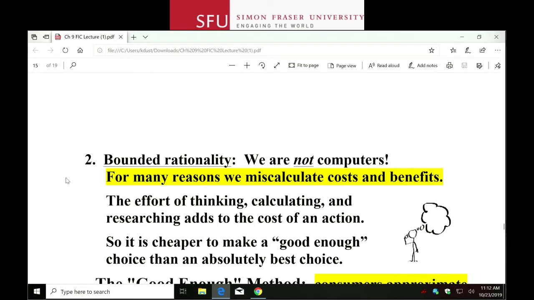Okay, the next one is bounded rationality. And so this is the various ways in which our brains do not actually allow us to make completely objective observations or rational calculations of costs and benefits. Okay, so we are very smart.